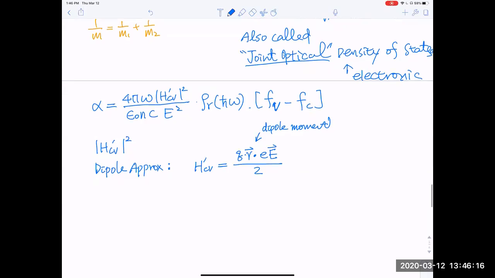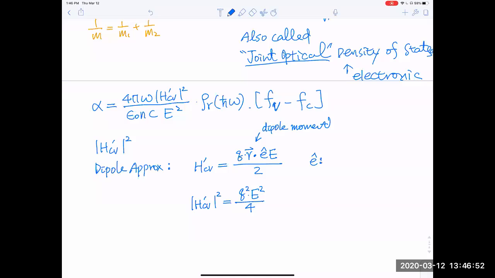Using this approximation, H'_cv squared will basically be equal to q squared E squared divided by 4. I have an extra E here. Actually, I meant to use E cap and E scalar.